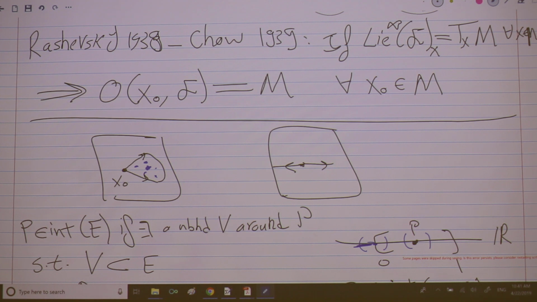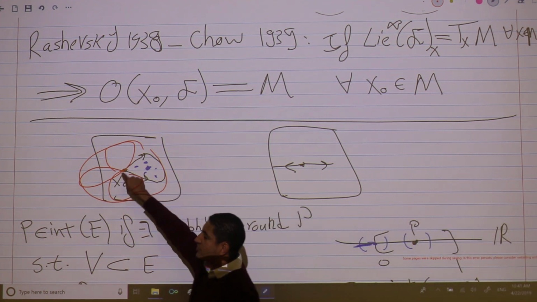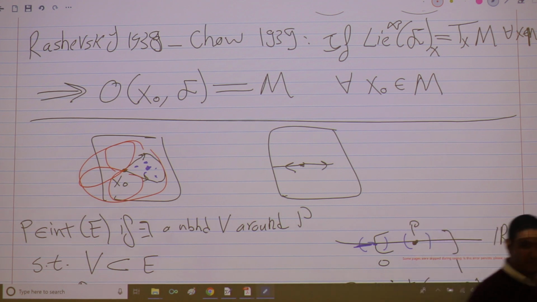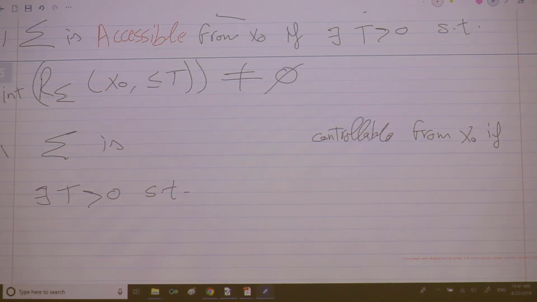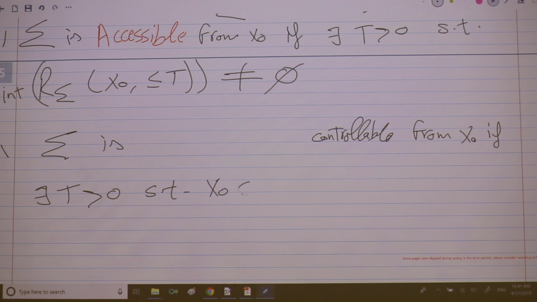So I will have something like that also. I don't have this issue of directionality and keep collecting things. I will go to all the points around in one way or another. So what do you say about that? Well, I have non-empty interior, but not only that, actually X naught is in the interior, right? I can go to all points around X naught. So such that X naught is in the interior.